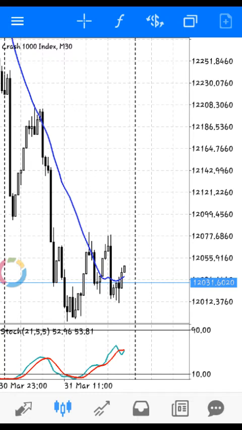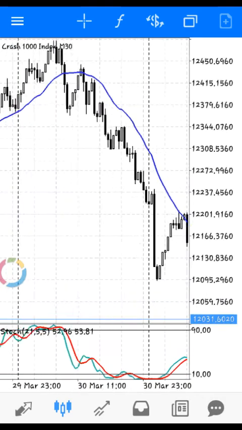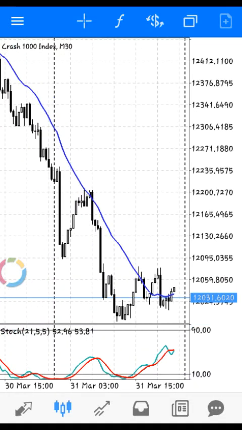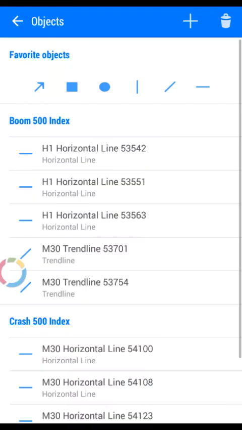Then you scale down to 4 hour, 1 hour, then down to the 30 minutes. On the 30 minutes time frame, you draw your three lines: the previous day's high, the previous day's low, and the current day's open. That's the point at which price started trading on the current day.